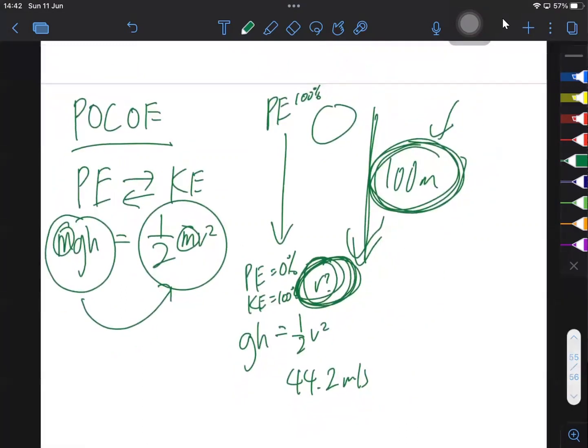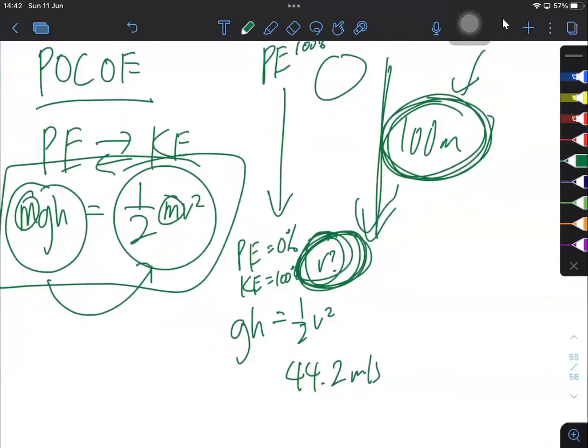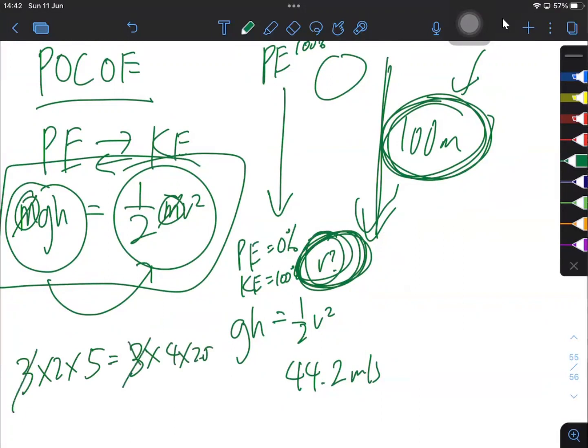Why? Because I relate this formula, mgh equals half mv squared. I can cut this mass away, because they're the same component. It's like 3 times 2 times 5 equals 3 times 4 times 2.5. These two will cut each other off, because they're the same thing.